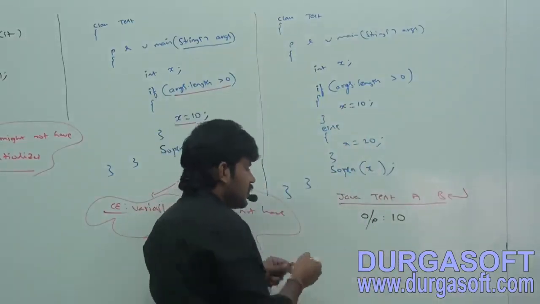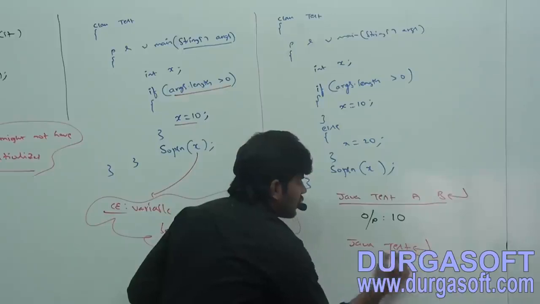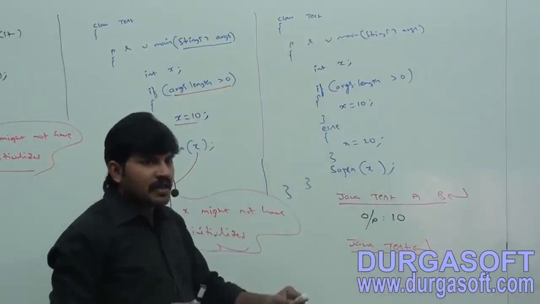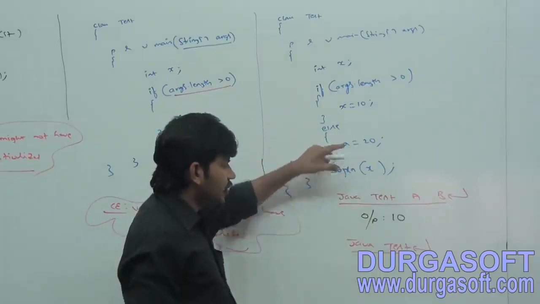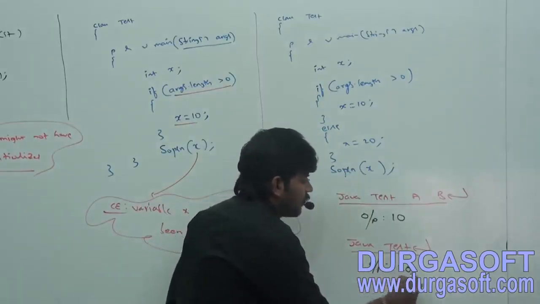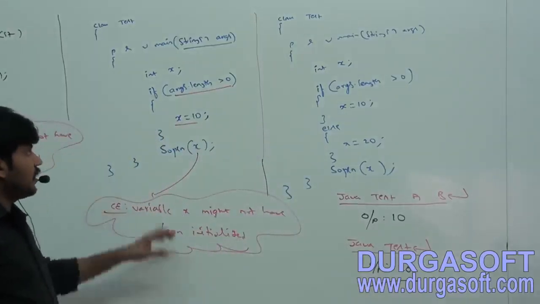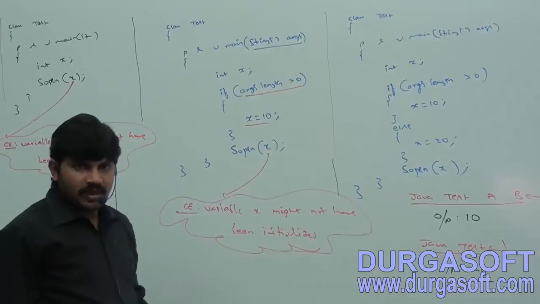Next, just java Test, that's all. I am not passing any command line argument. If I am not passing any command line argument, what is the x value? If you are not passing, the else part applies, so the output we will get is 20 by default. Are you getting? Take very special care. In the previous case, compile time error, but here happily the code is going to compile.